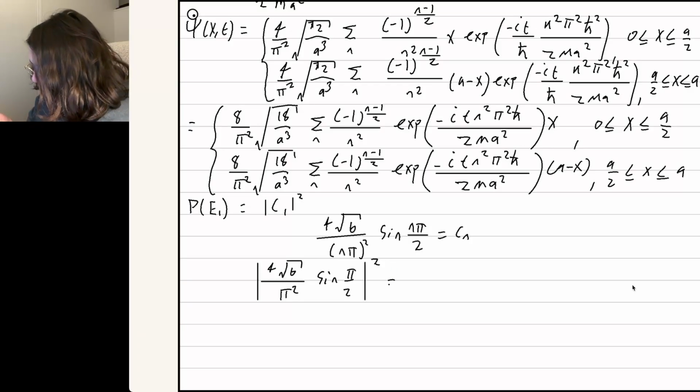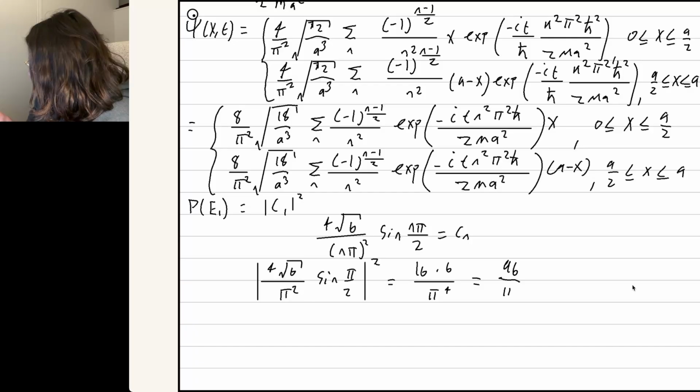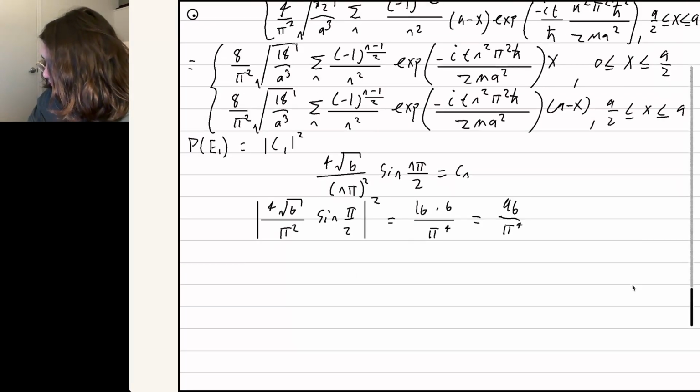So we're actually just squaring this, so it's just 16 times 6 over pi to the fourth, which is, what is that? 16 times 6, that's 96 over pi to the fourth. That's your probability that you'll be in the ground state.